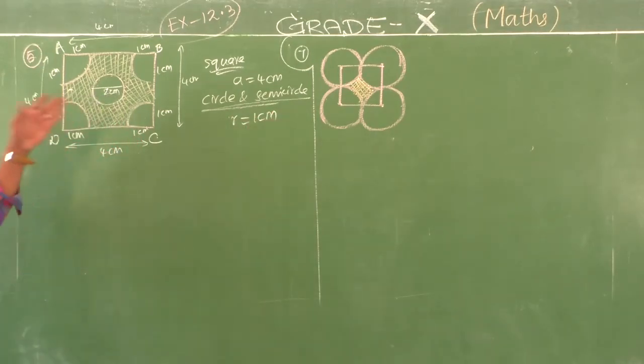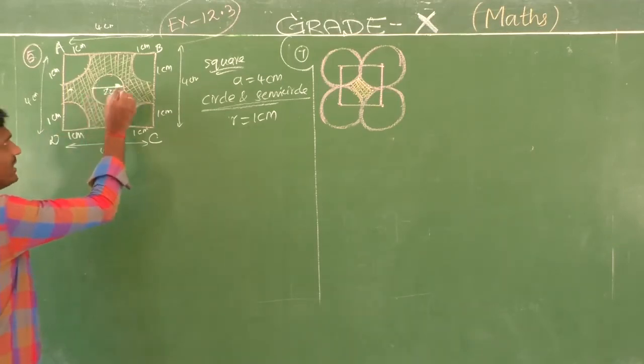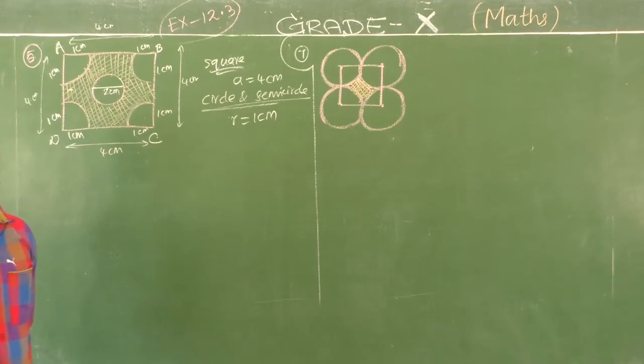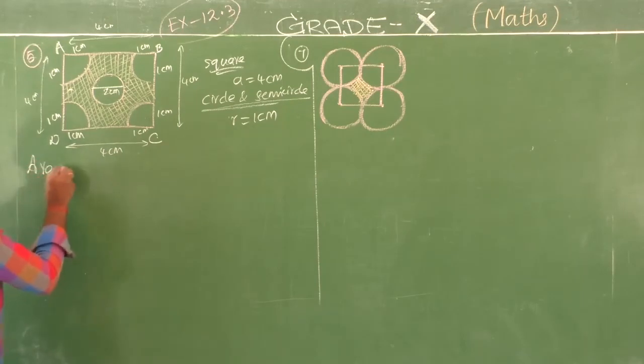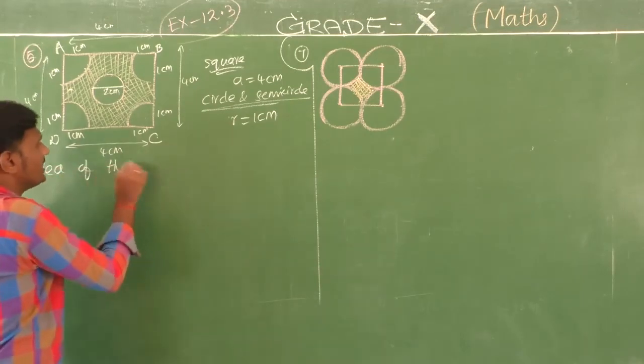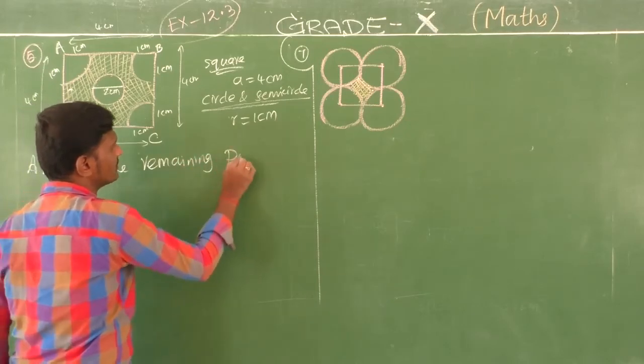The middle circle has diameter equal to 2 centimeter, so its radius will be 1 centimeter only. So for all 4 quadrants and the one circle you have the same radius, that is 1 centimeter. Now I am going to find the area of the remaining portion.